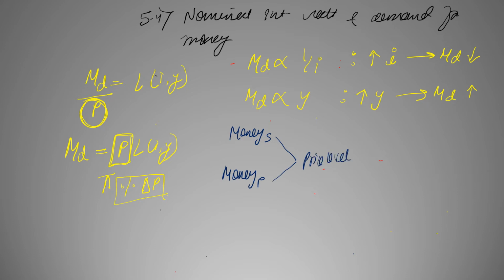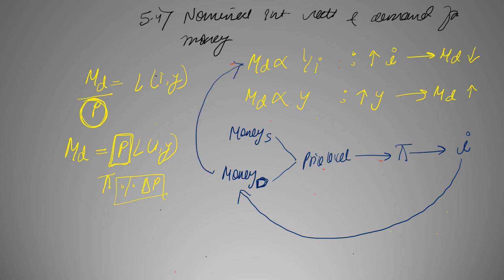The price level that we get is nothing but inflation, and inflation directly impacts nominal interest rate, and nominal interest rate again impacts money demanded, as we saw here. If you're wondering how inflation and nominal interest rates are interrelated, go and check out the previous video.